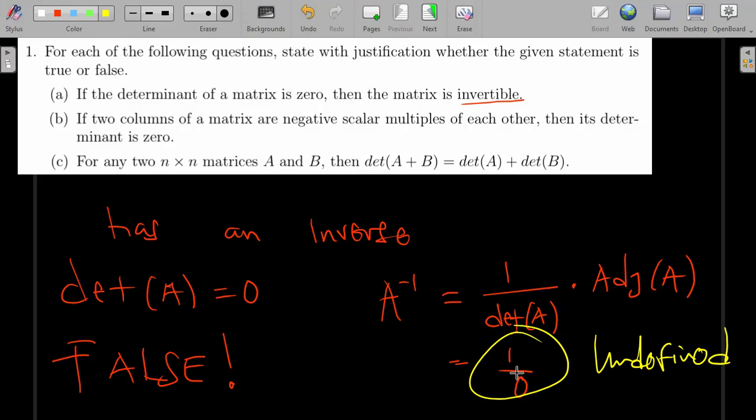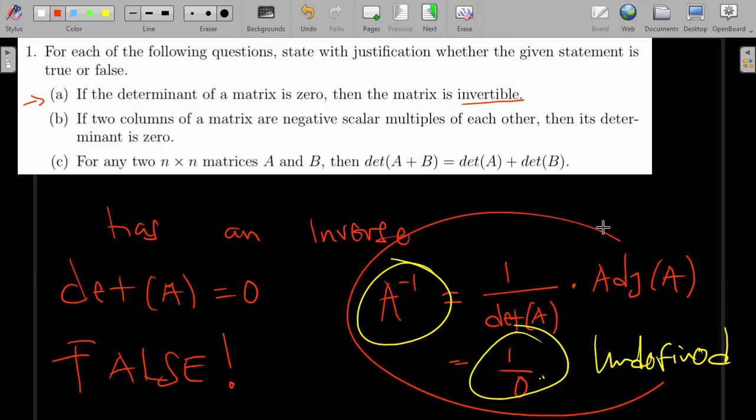Since the determinant is 0, matrix A won't have an inverse, so it will be non-invertible. So the first one is false, and this is the reason you give.